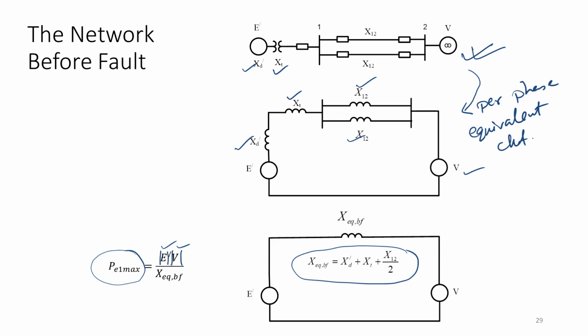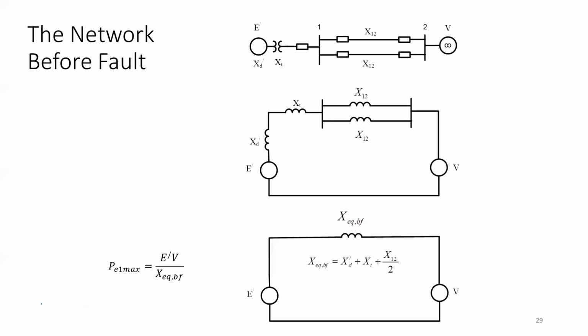Now let's modify this one and see what happens. If there is a fault happening at this particular point F, what will happen? This transmission line will become inactive and there will be a shorted path from here to the ground.